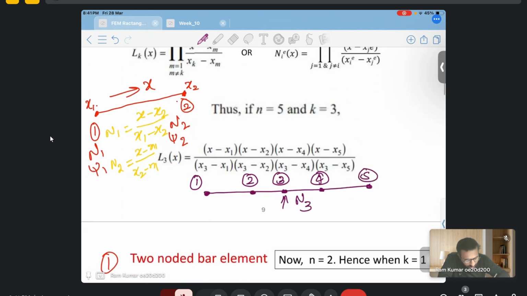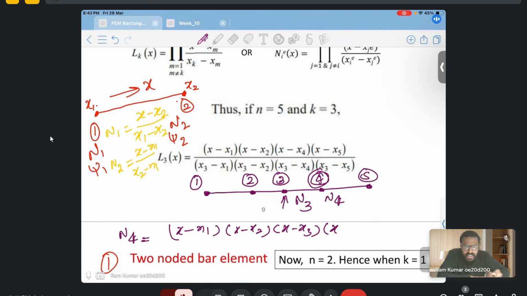For example, for node number 4, N4. We have total 5 nodes, so N4 equals x minus x1, x minus x2, x minus x3, then we don't write x minus x4, we write x minus x5. In the bottom we write x4 minus x1, x4 minus x2, x4 minus x3, and x4 minus x5.